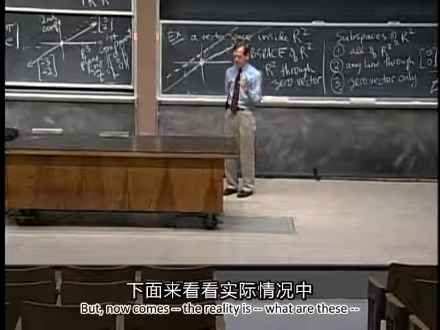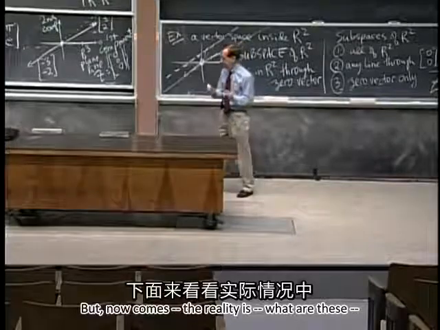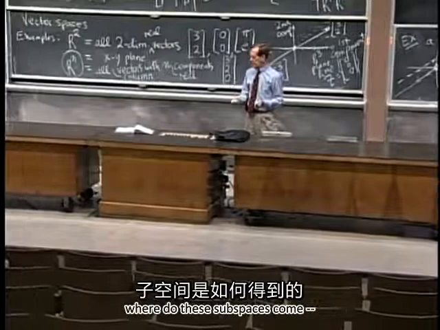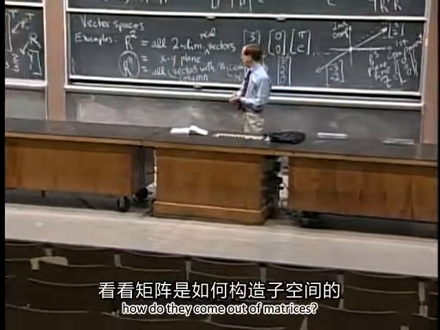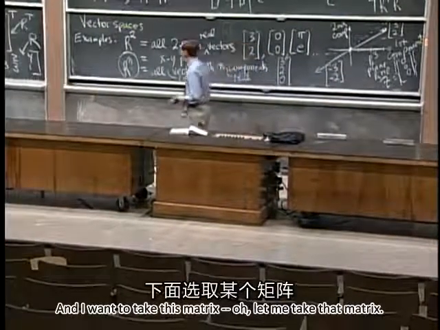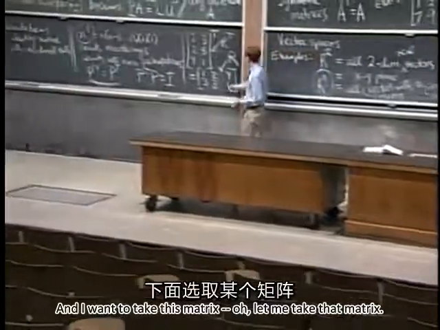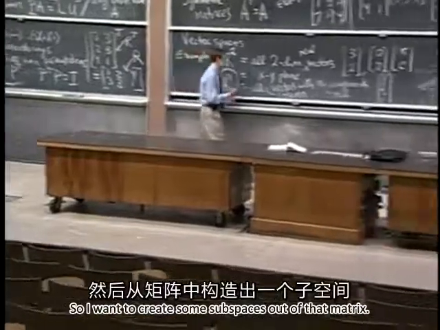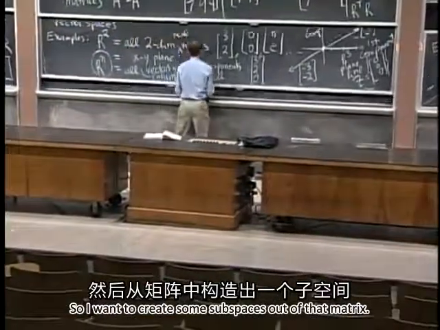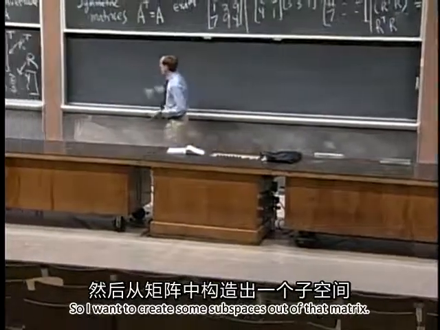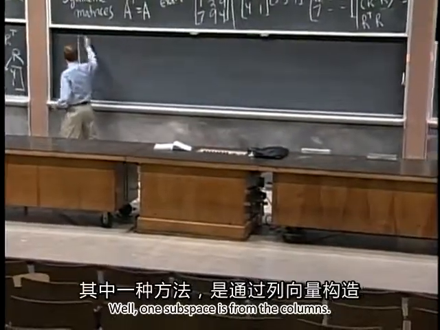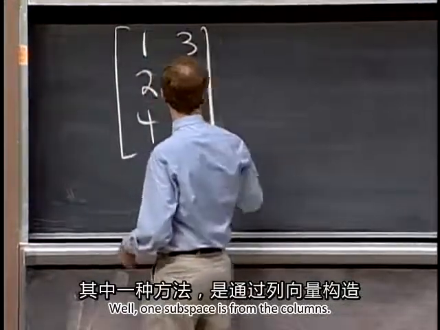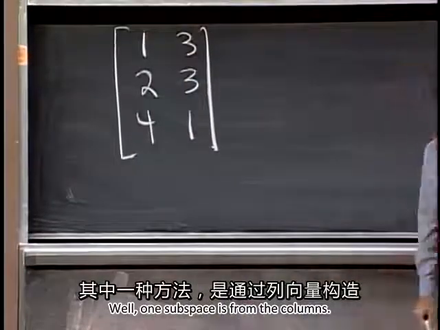But now comes the reality: where do these subspaces come from? How do they come? Out of matrices. And I want to take this matrix, let me take that matrix. So I want to create some subspaces out of that matrix. Well, one subspace is from the columns.